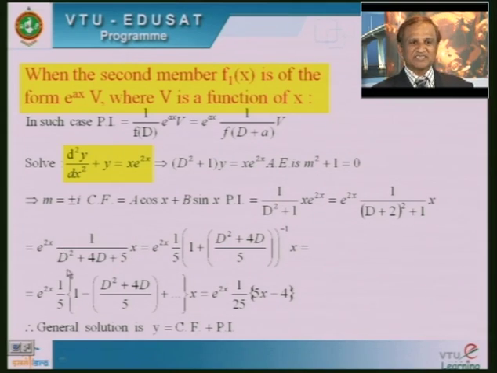Is it clear? So, that method says that I have to identify the lowest degree term from f(D). It contains 3 terms. What is the lowest degree term? 5 is the lowest degree term.